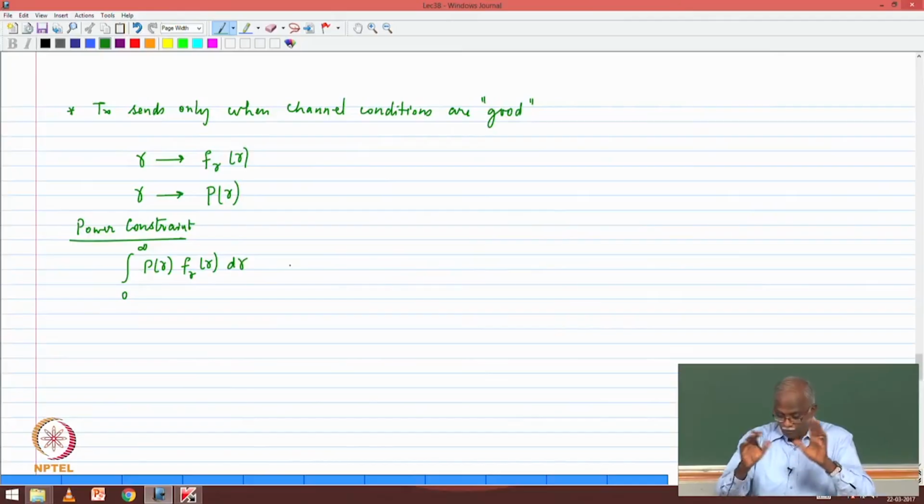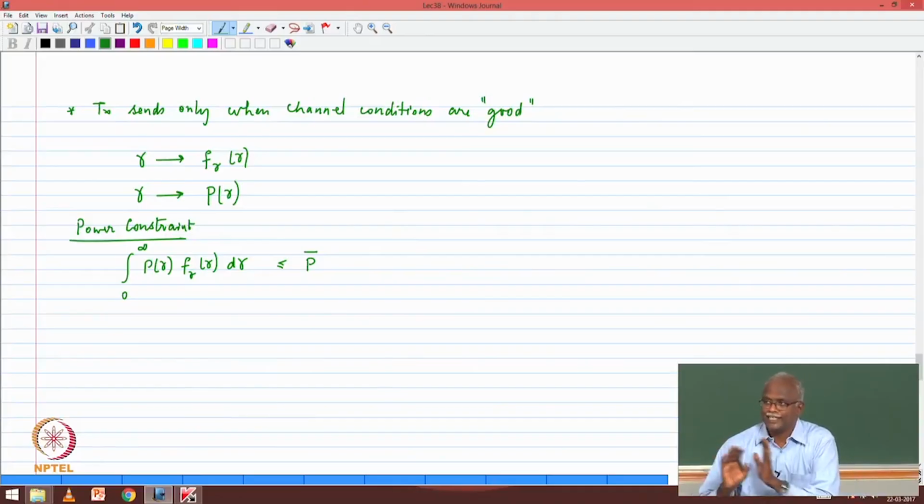That means for all the possible SNR states, you will allocate some power, and this, when you take it with the appropriate probabilities, must be less than or equal to some average power level. You cannot exceed the average power level. You cannot keep adding more and more power for some channel. Somewhere your P bar will get exceeded if you don't allocate correctly.